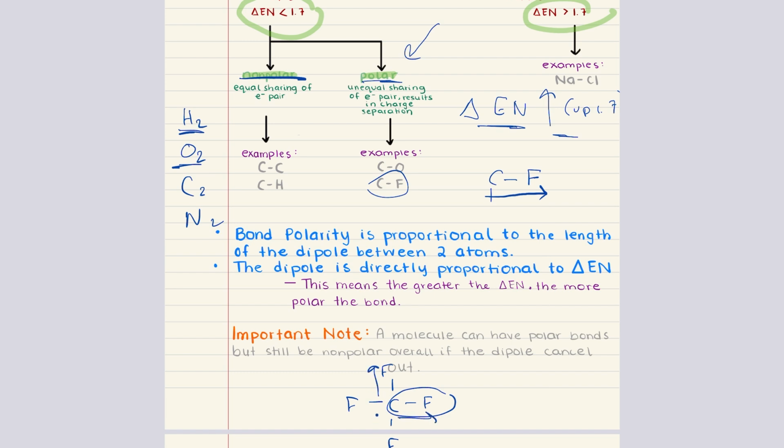However, the dipoles for all 4 of these bonds in the molecule cancel out, so this molecule as a whole is actually nonpolar. Molecular polarity depends on both bond polarity and molecular shape. So this concept will make more sense when we come back to it in a later lecture. But keep that in mind. Individual bonds can be polar, but that does not necessarily mean that the entire molecule is polar.